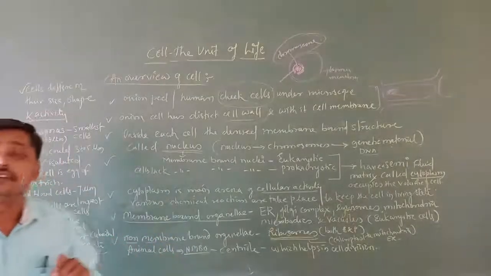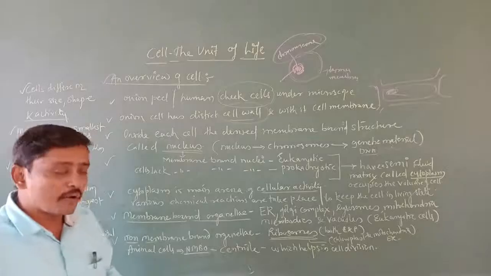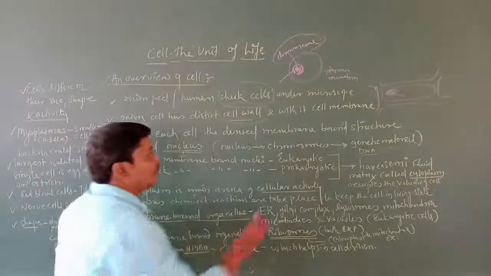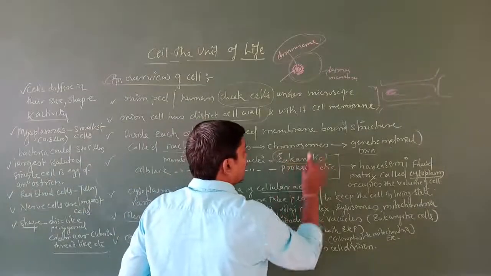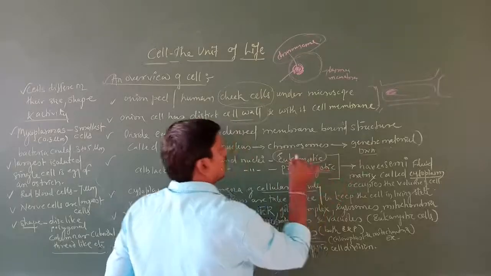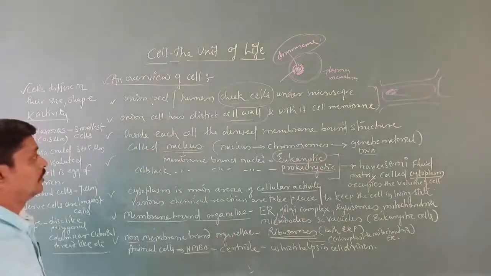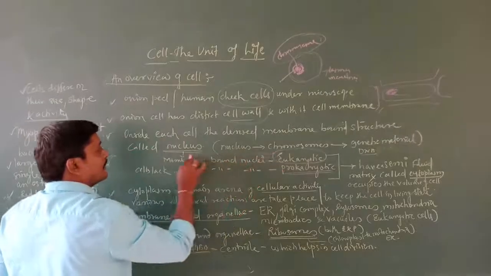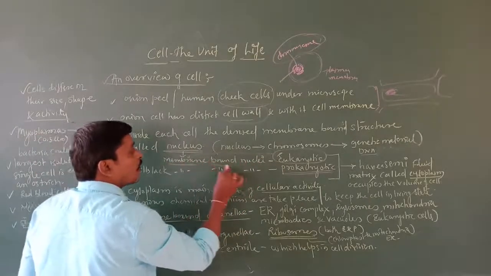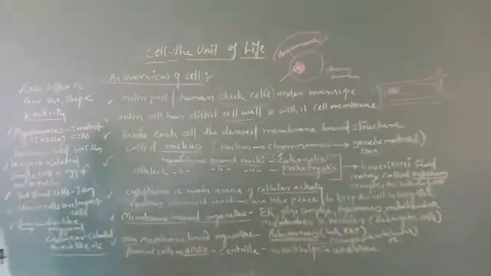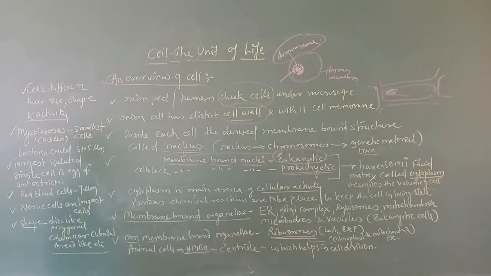Now, we are going to discriminate another two kinds of organisms, eukaryotes and prokaryotes. Eukaryotic, in the sense, the organisms which have membrane bound nuclei, which we call true nuclei.